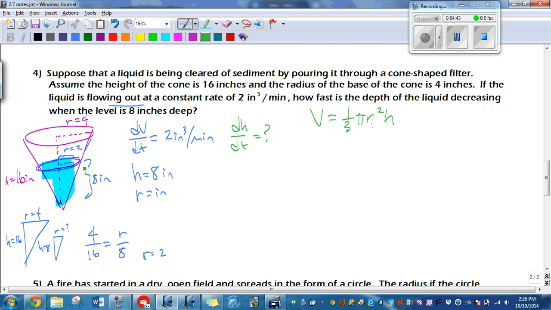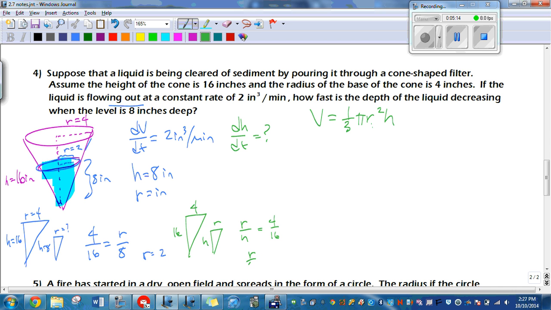We look back at these similar triangles over here. The overall radius was 4, the height was 16. If we look at just any old radius and height of the water when it's filled up, we're going to do it in general, like we did over here. The radius compared to the height is going to be 4 over 16, or 1/4.